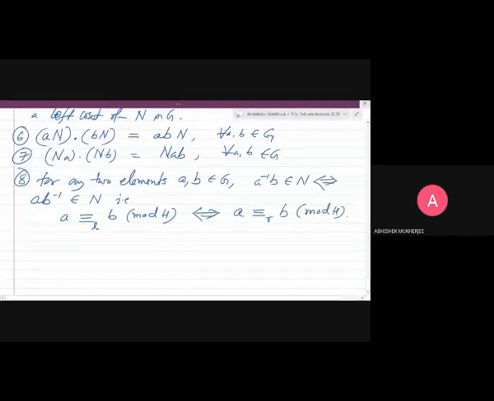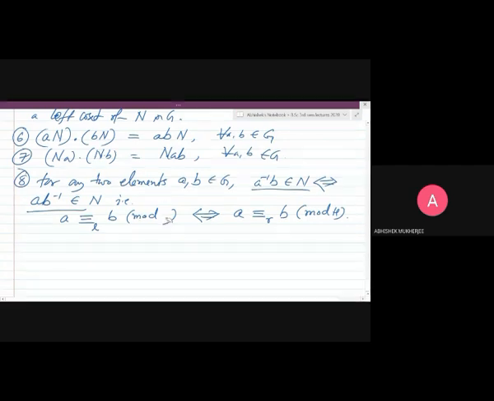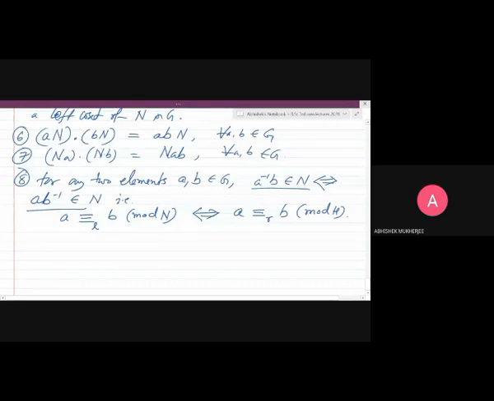If you remember, these are the binary relations that we have defined on the group G with respect to N. If you take two elements a and b, then a is congruent to b modulo N means a inverse b belongs to N for the case of left cosets.